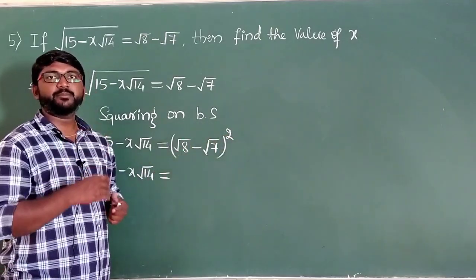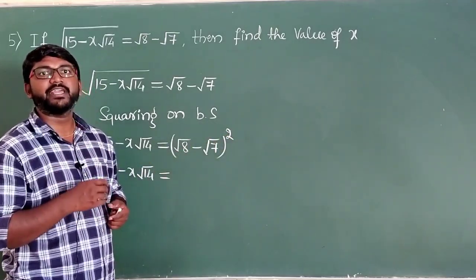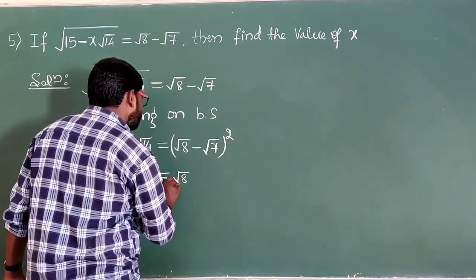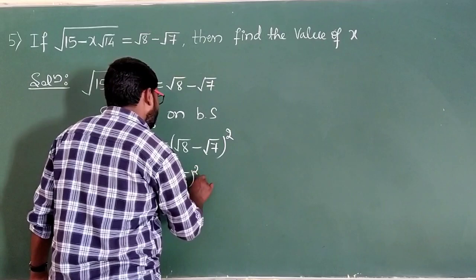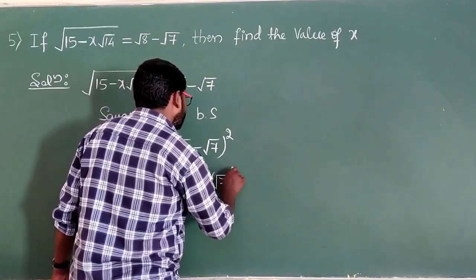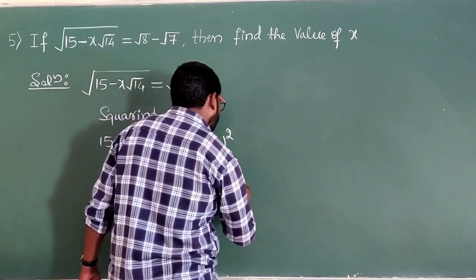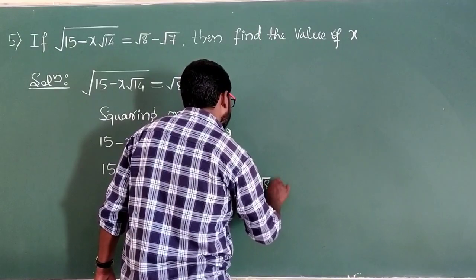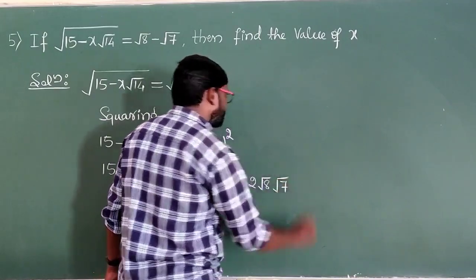It is a square plus b square minus 2ab. A is root 8, b is root 7.